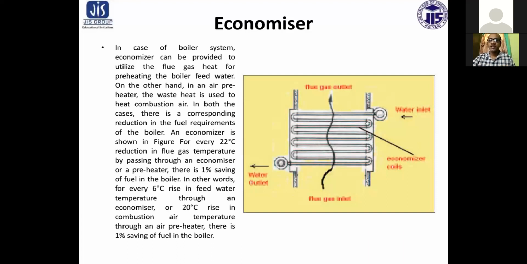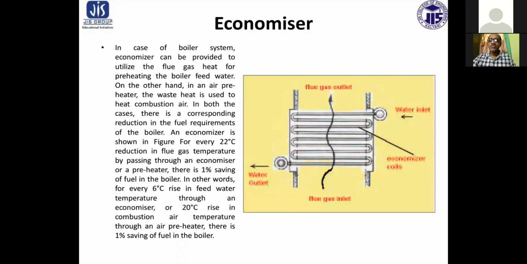It is estimated that for every 22 degrees centigrade reduction in flue gas temperature by passing through an economizer or preheater, there is a 1% saving of fuel burning in the boiler.